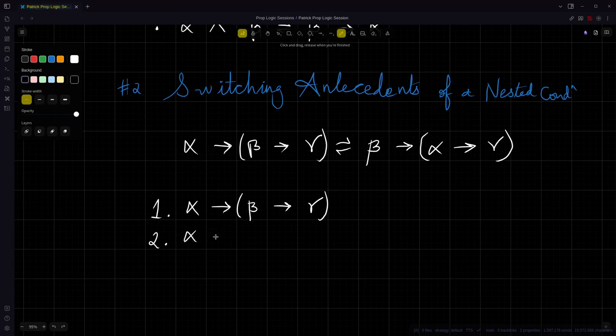So you'll get alpha. What I said before, would that still be equivalent or not? What did you say? I said alpha implies beta, and then close brackets implies gamma.